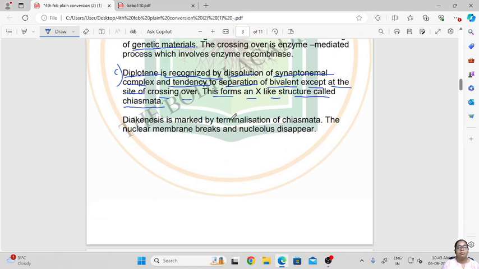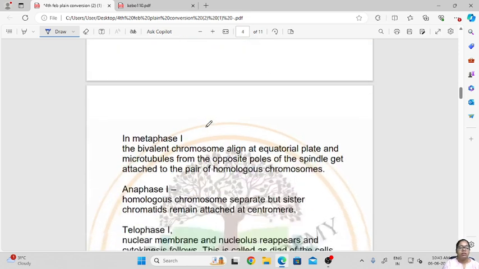Diakinesis is marked by terminalization of chiasmata, and the nuclear membrane breaks and nucleolus disappears. So after the diplotene phase, diakinesis takes place, wherein the chiasmata formed during the diplotene phase will disappear, and the nuclear membrane breaks and the nucleolus also disappears.